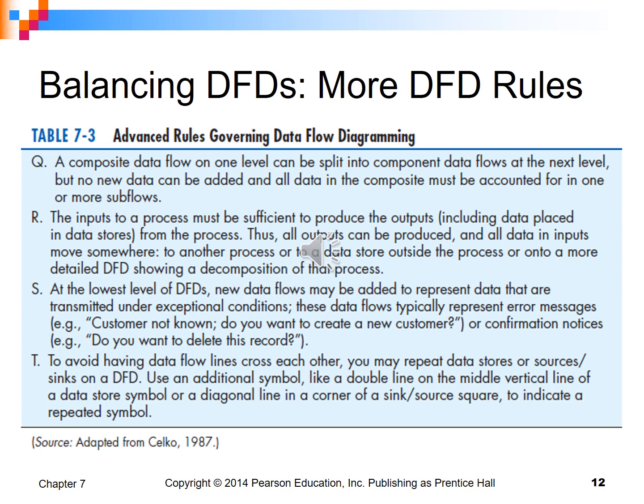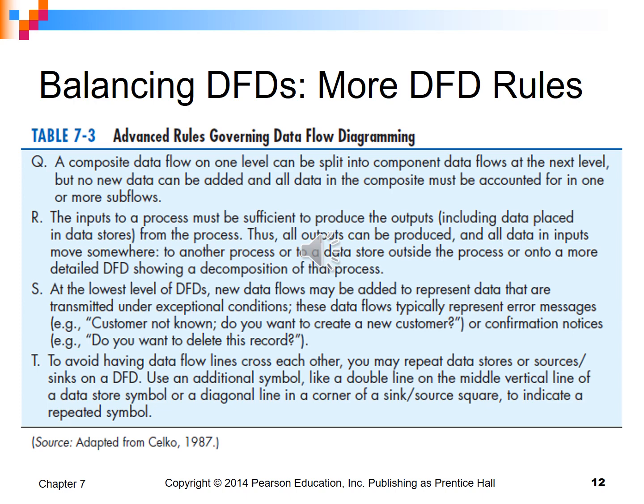This slide covers some of the advanced rules for data flow diagramming. In a composite data flow, you could split it into component data flows at the next level. The input to a process must be sufficient to produce the output. At the lowest level of DFD, a new data flow may be added to represent data that are transmitted.